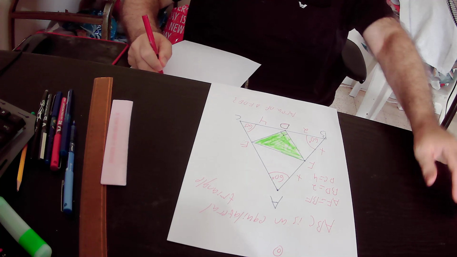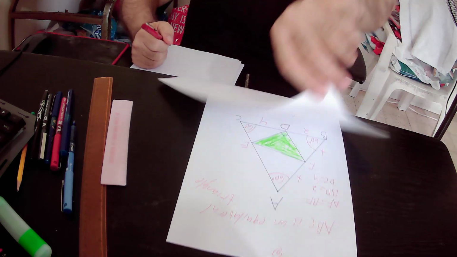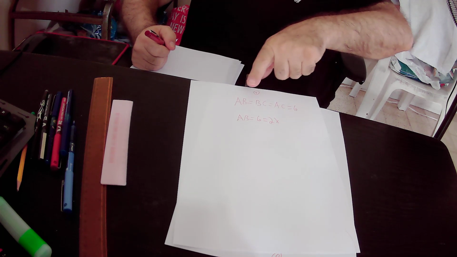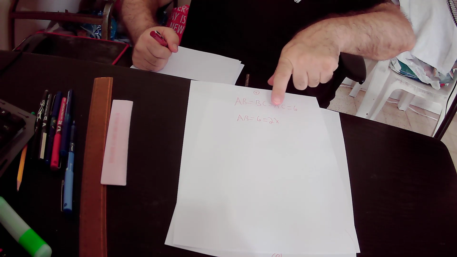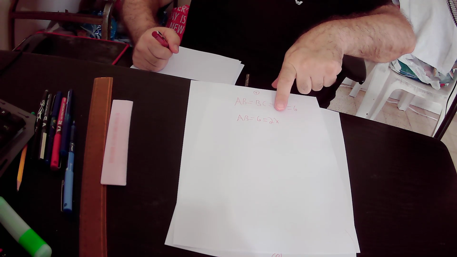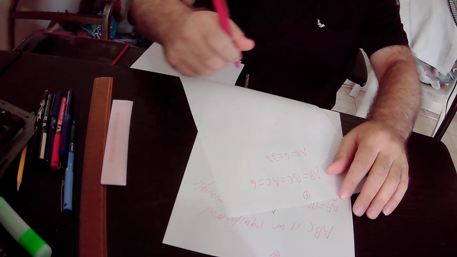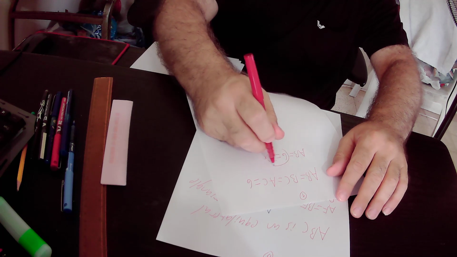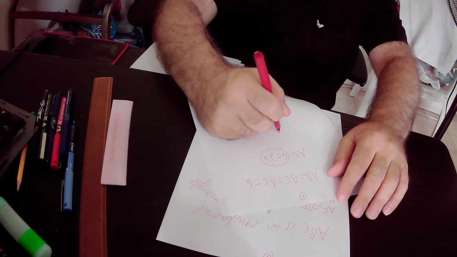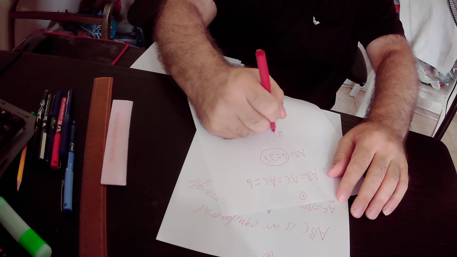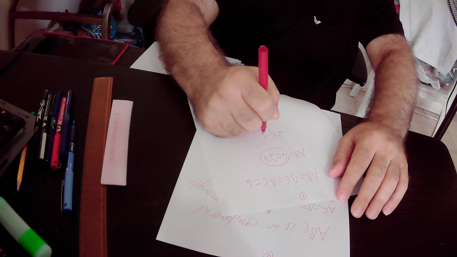Okay, so we have this equality that states that AB equals 6 and equals also 2X, so we can derive that 2X equals 6 units.